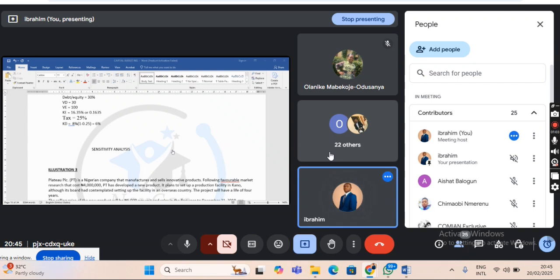Now, Aishat has already budgeted that she will spend 50 naira for this particular project. When you now do your changes for the worst case scenario, what can you have at the end of the period?